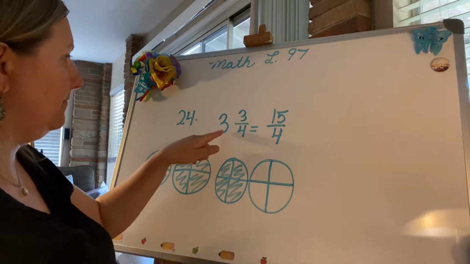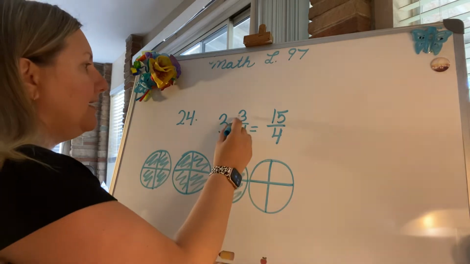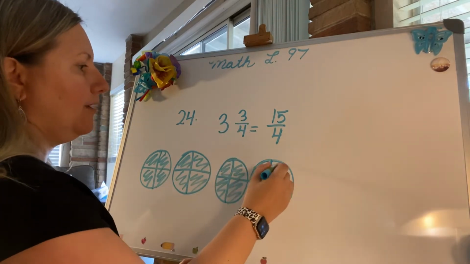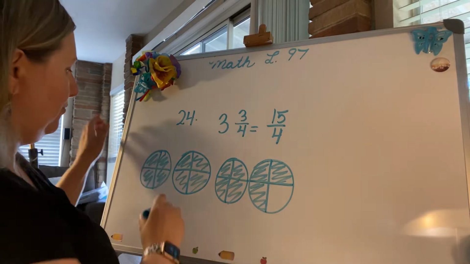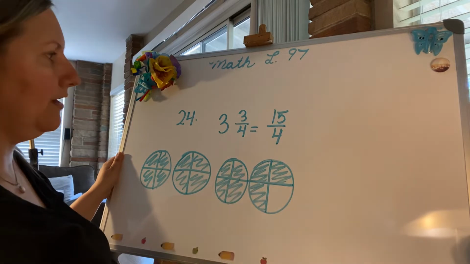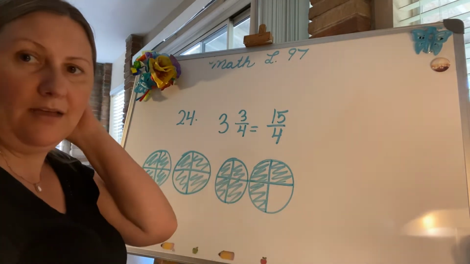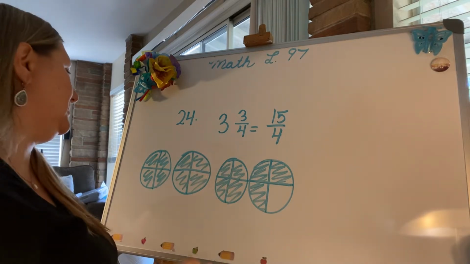Here's 1 out of the 3. Here's the second one. Here's the third one. Plus, we have the 3 out of 4. 1, 2, 3. So now that I've done 3, 1, 2, 3, and 3/4, and I've shown that, is this the same as 15/4? Let's see.